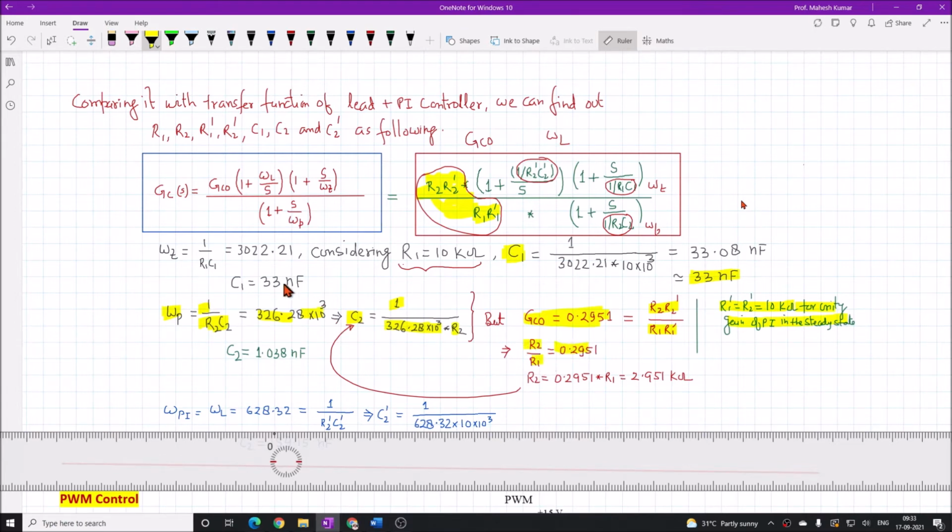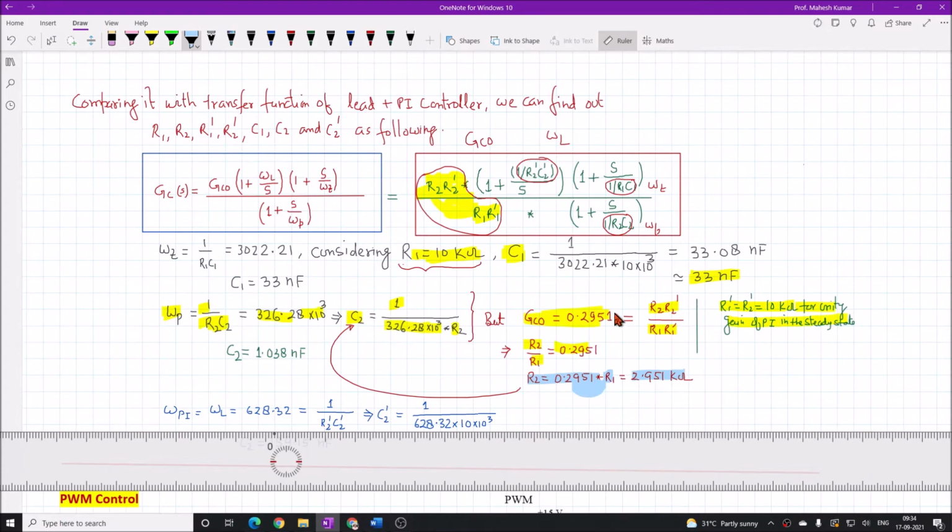And R1 is 10 kilo ohm we have taken here. Therefore, the value of R2 is 0.2951 into R1, or 2.951 kilo ohms. This becomes 2.9, close to 3 kilo ohms. So R2 is therefore 2.95.